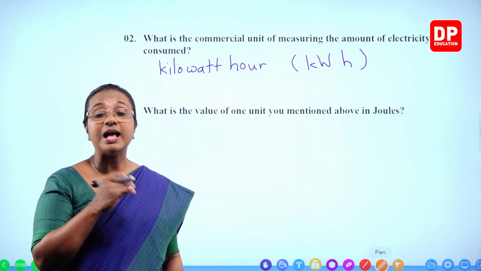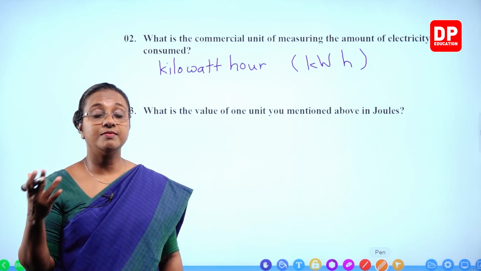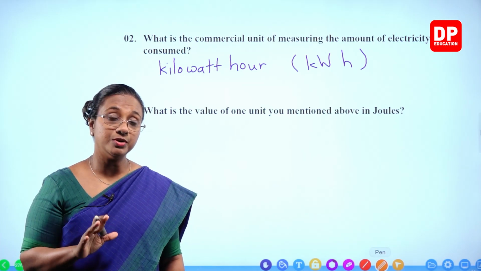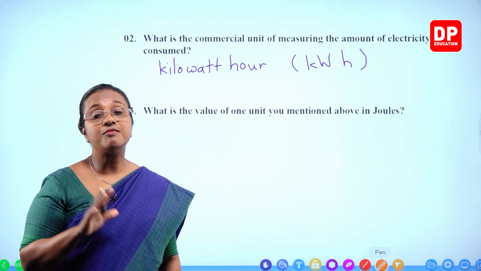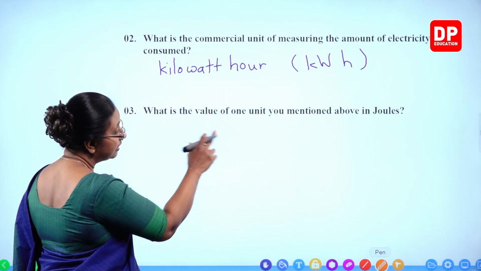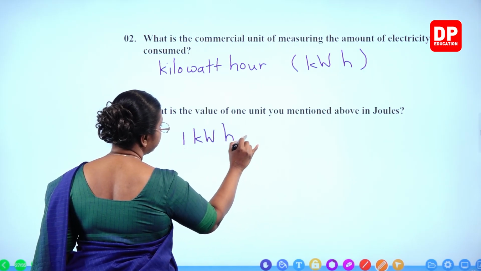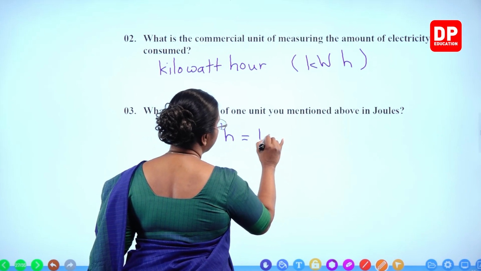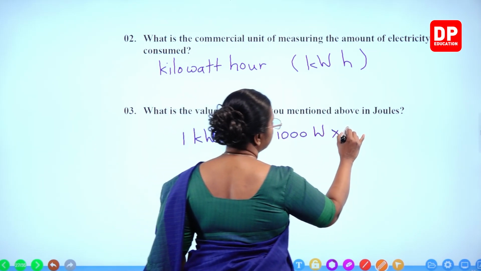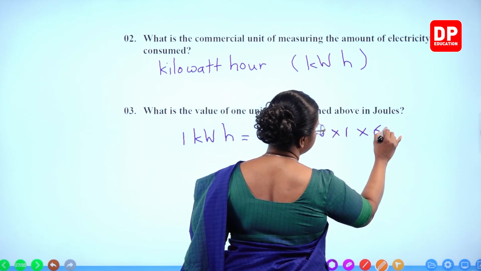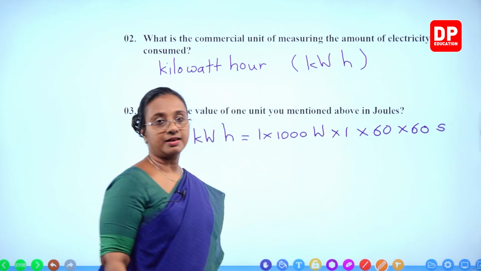So now we will try to calculate. You are familiar with this calculation, how you convert 1 kilowatt hour to joules. What do you need to do? You need to convert kilowatts to watts and hours to seconds. Then you will get the energy in joules. So 1 kilowatt hour is equal to 1 into 1000 watts into 1 hour into 60, it becomes minutes, and into 60, then it becomes seconds.